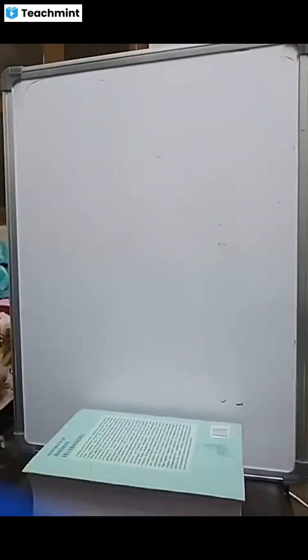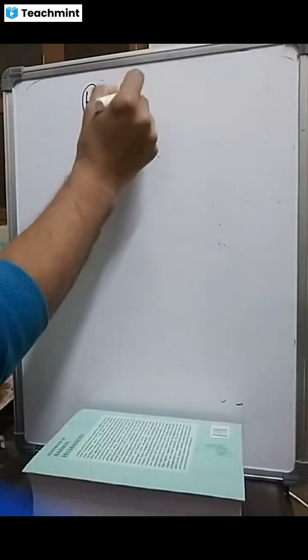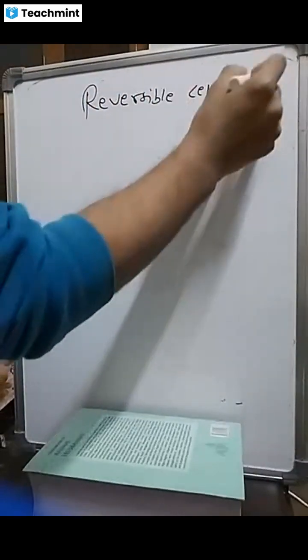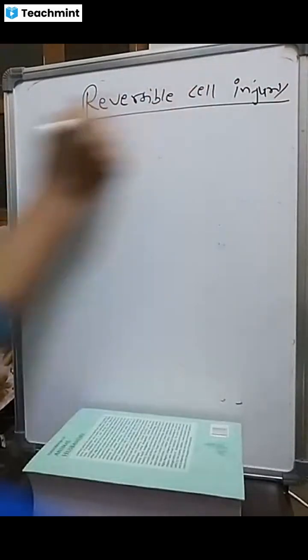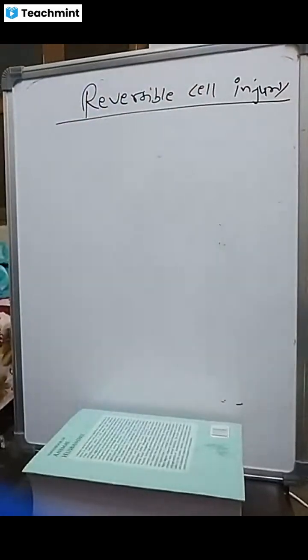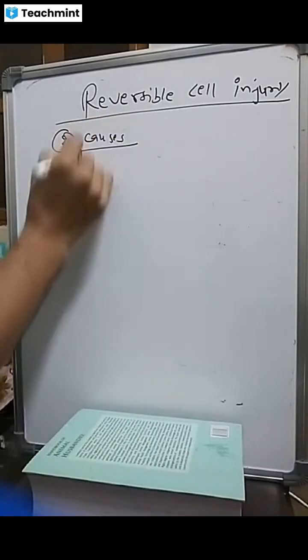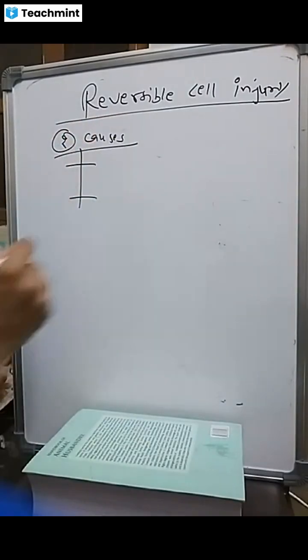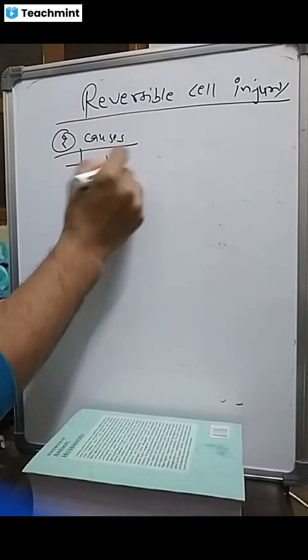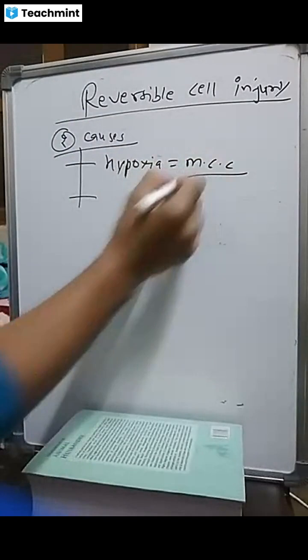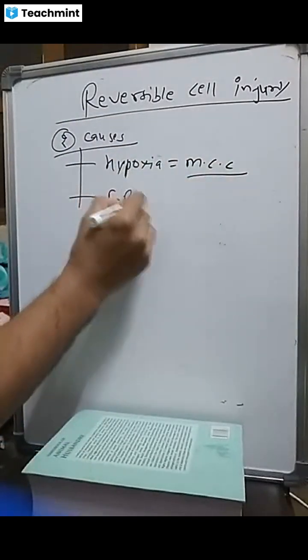So if we start our topic with reversible cell injury, we'll see two causes: one is hypoxia, which is the most common cause, and the other is free radical.